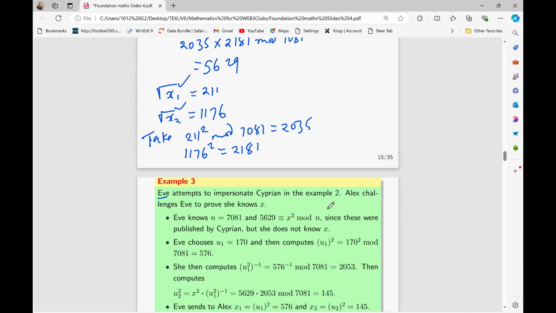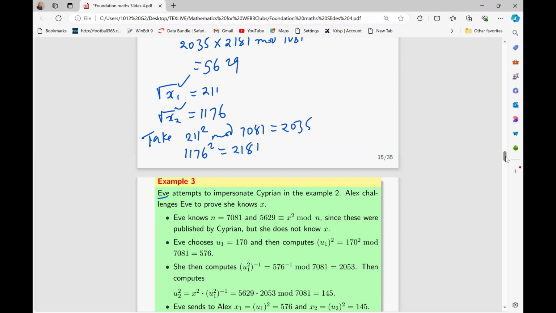And you know, we are talking about things like Zcash and Bitcoin and so on. So somebody tries to impersonate Cyprian, and then wants to convince Alex that now he is Cyprian, so that they can continue with the transaction.